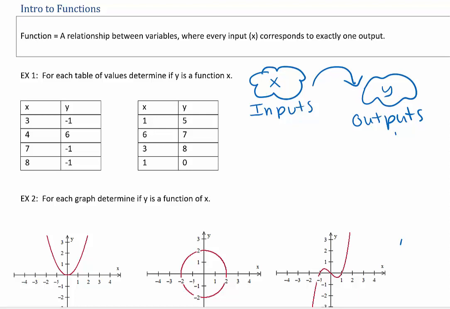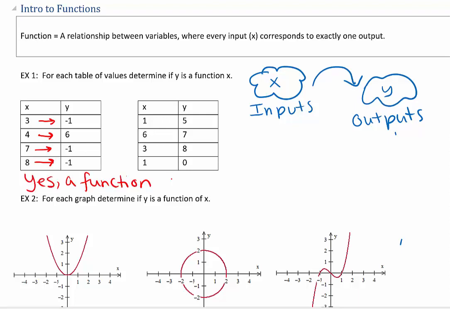There are two tables of values, and we want to know, are these functions? In the first table, every single x gets mapped to only one y value. It's okay that some of the y values are the same. The idea is if I give you an input, x equals 3, there's only one y value that goes with it.